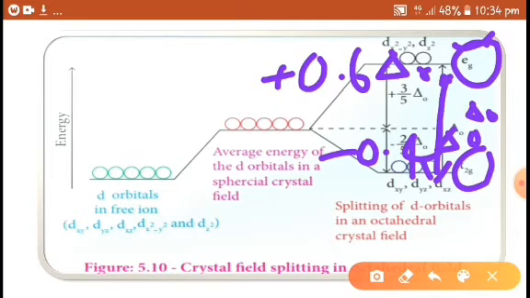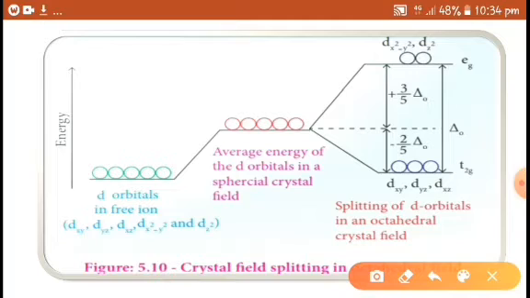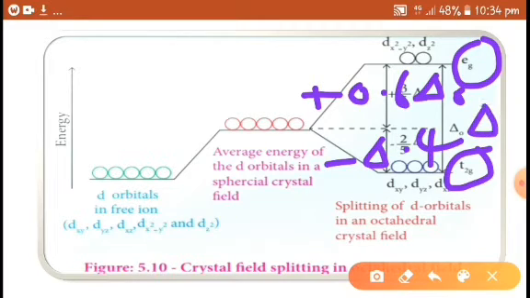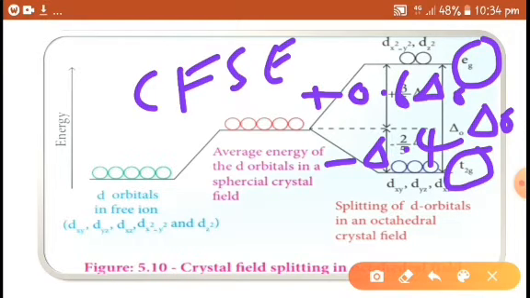Once again, the Eg orbitals' energy will be raised by 0.6 delta O, and the T2g orbitals' energy will be lowered by 0.4 delta O, right? So this is the crystal field stabilization energy of octahedral complexes.